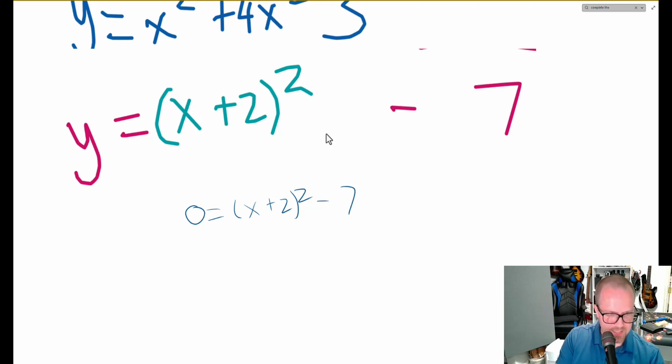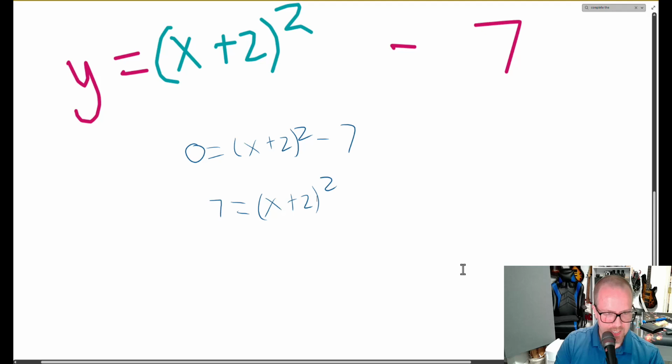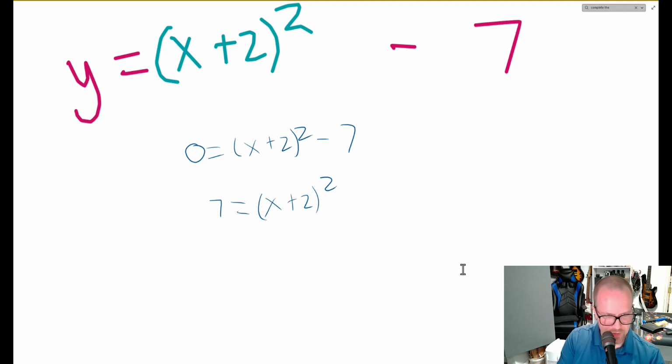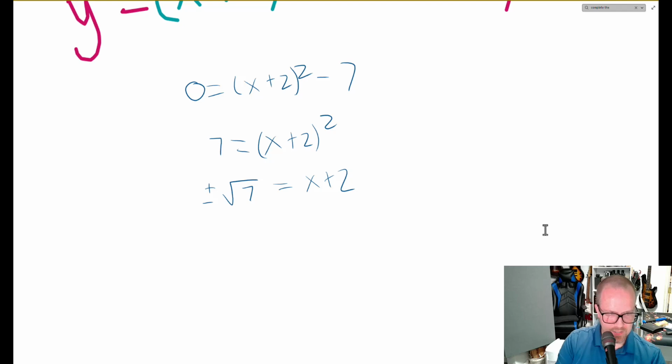I'm going to add 7 to both sides, and then I'm going to unsquare both sides, which means that we could get a positive or negative result. So plus or minus 7 equals x plus 2. And then subtract the 2 from both sides, and we get plus or minus 7 minus 2.